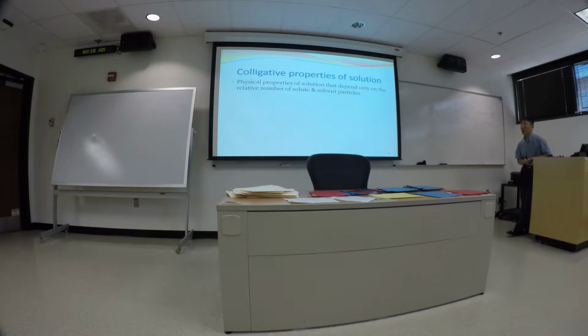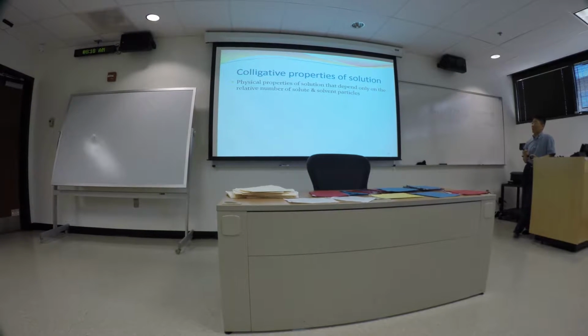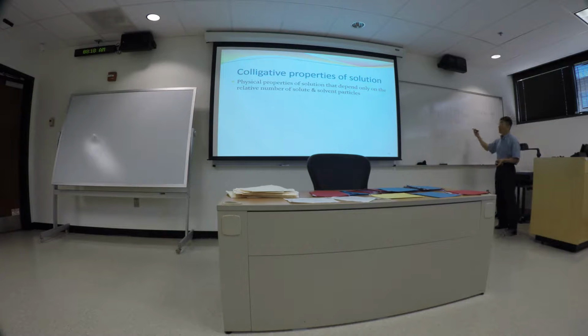Now the colligative properties are some of the physical properties of a solution that only depend on the number of particles that are present, in terms of the solute and solvent. If you look at the definition of molality, we have a number of moles per kilogram of solvent. So that's a relative ratio, a ratio between the number of particles of the solvent versus the number of particles of the solute.